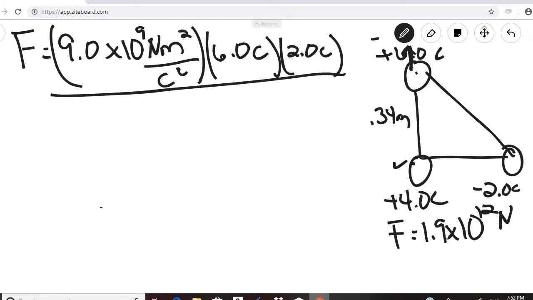And then the distance between those was 0.48 meters. So we'll square that.